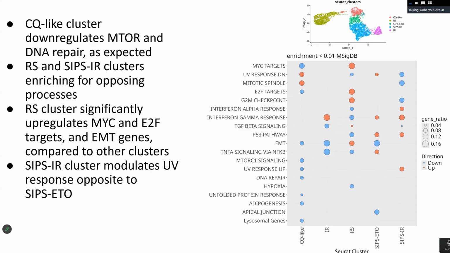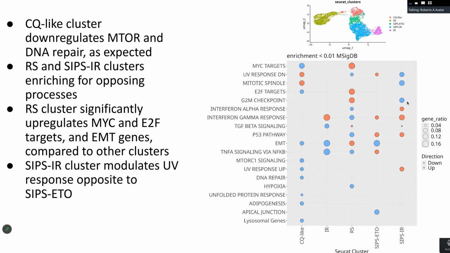But what's interesting as well is the replicative senescence cluster. These genes are enriching in the opposing direction as some of these stress-induced clusters. So for example, G2M checkpoints are being upregulated, and these interferon alpha and gamma responses are being downregulated.